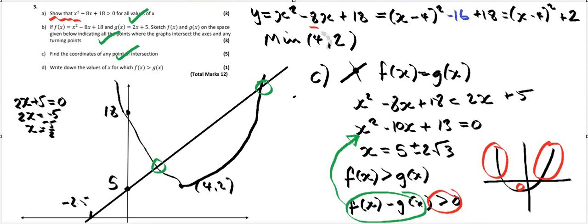That means that our x for D is x is less than 5 minus 2 root 3, or x is greater than 5 plus 2 square root 3. So remember, it's not sandwiched between, it's the tails, so it's two separate inequalities.